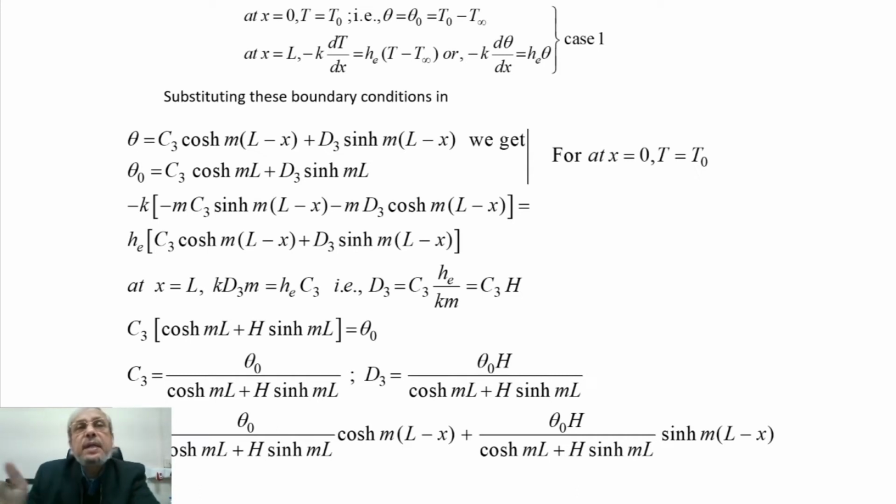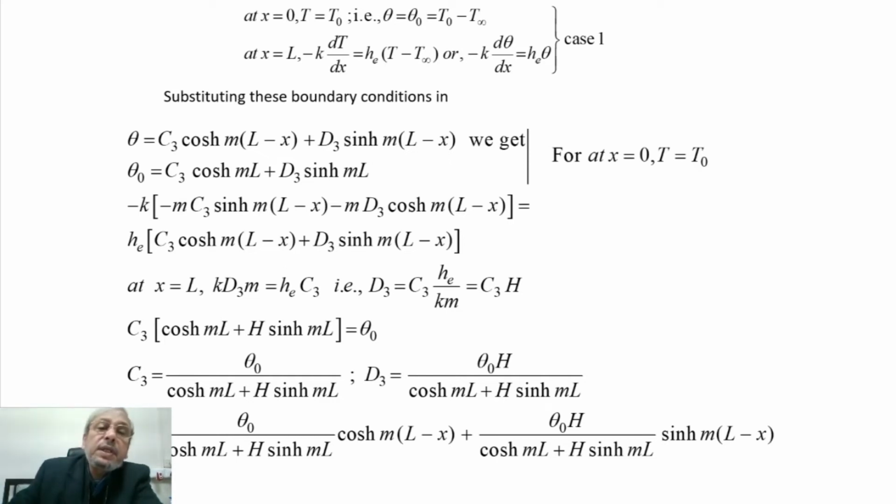Another is infinite long fin, and another is the end condition is adiabatic. That means at the end the heat transfer is insignificant. So these three cases, case 1 where there is finite heat transfer in the form of convective heat transfer at the end.